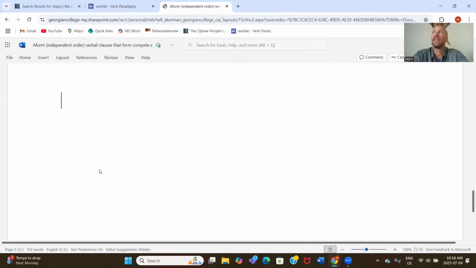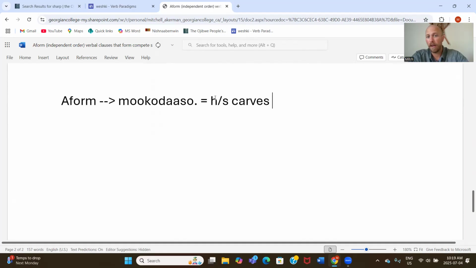Like I can do a verb, well, what would be a good example here? Ones with a double O at the front. How about something like this? Mokodaso. In A form, mokodaso gets a period at the end, and there's a full sentence: he or she carves, specifically carving wood.